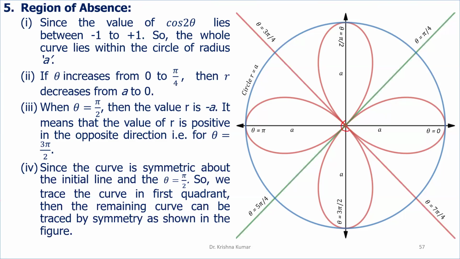Yes, the curve passes through the pole. What is the tangent at the pole? The first tangent is the line theta equal to pi by 4. First we have to draw theta equal to 0, theta equal to pi by 2, theta equal to pi, and theta equal to 3 pi by 2. Second, the tangents at the pole: this is the first tangent, this is the second tangent, this is the third tangent, and this is the fourth tangent.